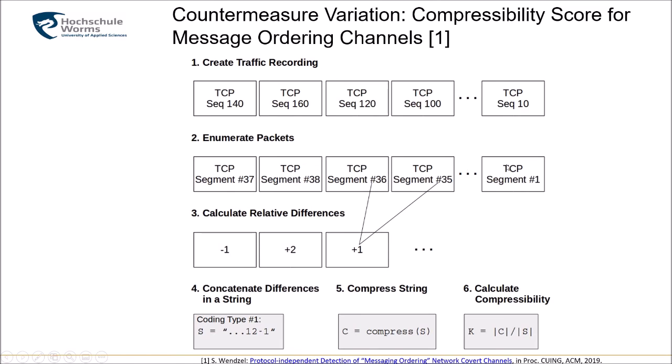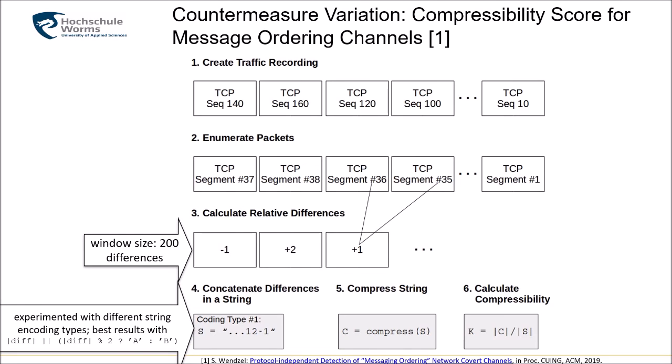And then we can say, okay, this is the first segment, this is the 35th, 36th, 38th, 37th, and so forth. And we write down the relative differences between these numbers. I used a window size of 200 differences. That means I had to record 201 packets. This window size just worked well.